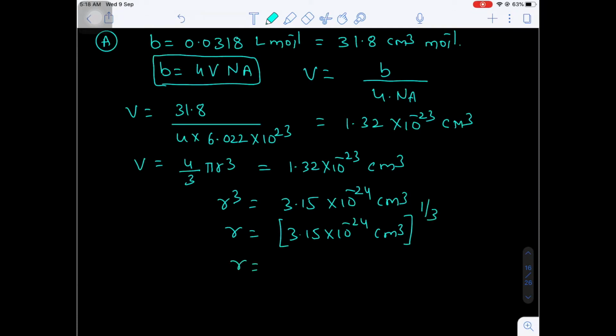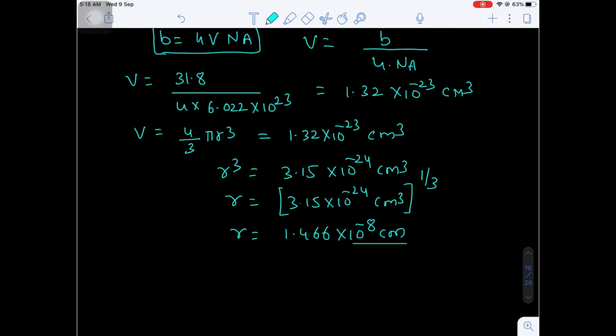From here, the r value is 1.466 into 10 raised to minus 8 centimeter. We know 10 to the power minus 8 centimeter is 1 angstrom. So r equals 1.466 angstroms.